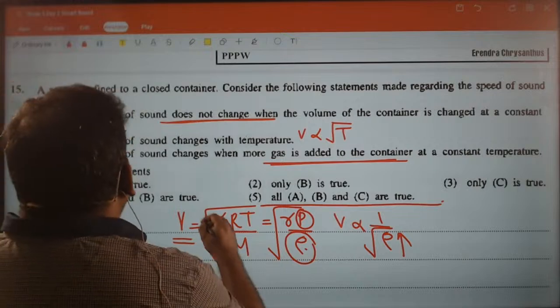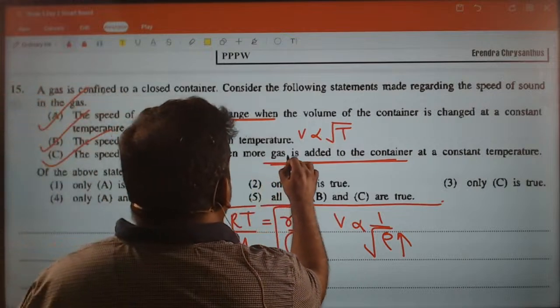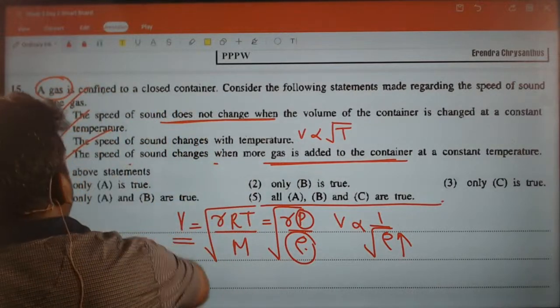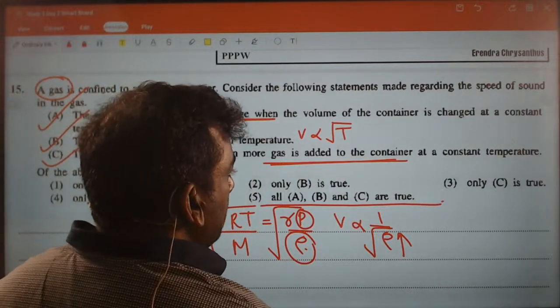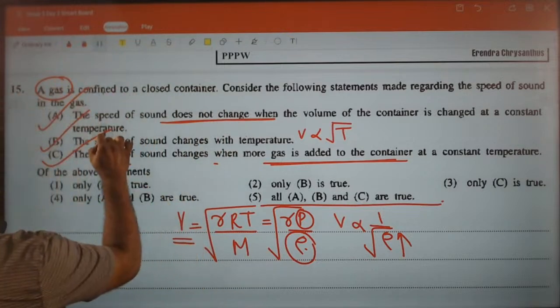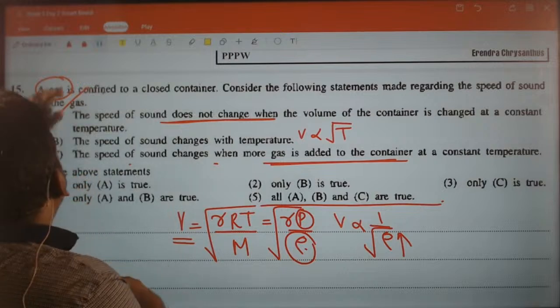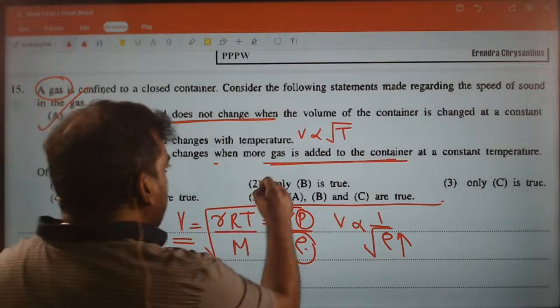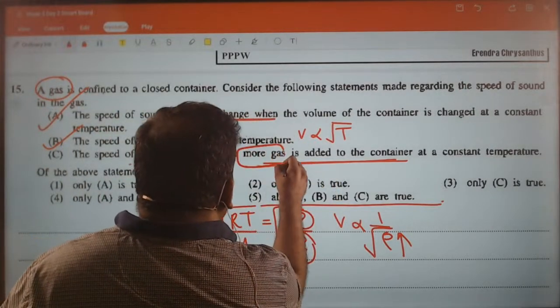Speed of sound changes when more gas is added. Here also it is the same gas, not a different gas. Now if a different gas is added, that's it. Look at this. So be careful. That's why I double checked it. More gas means here the same gas.